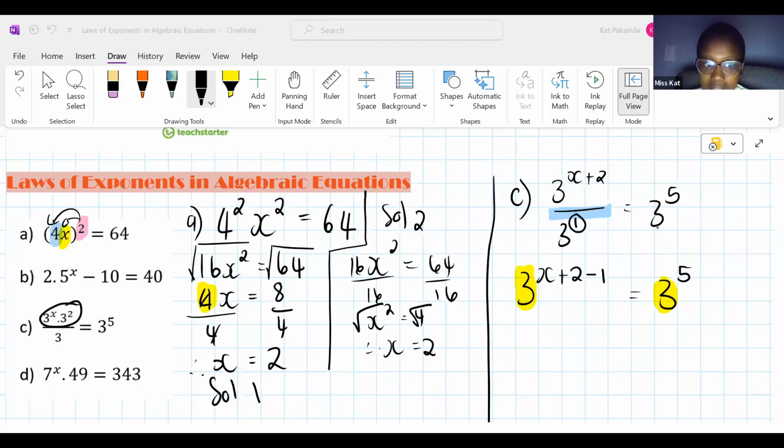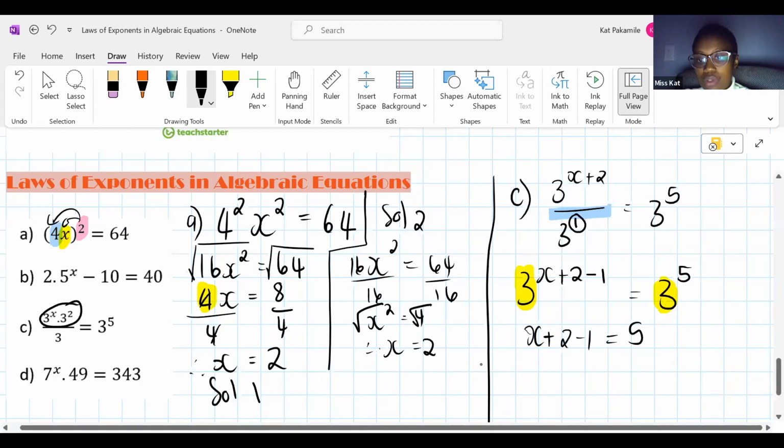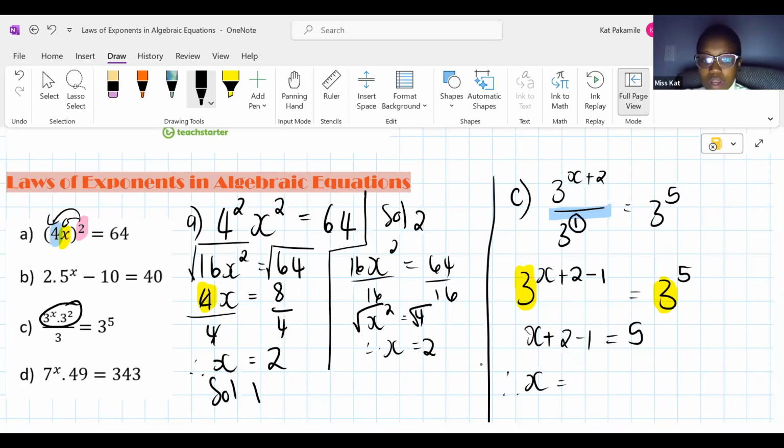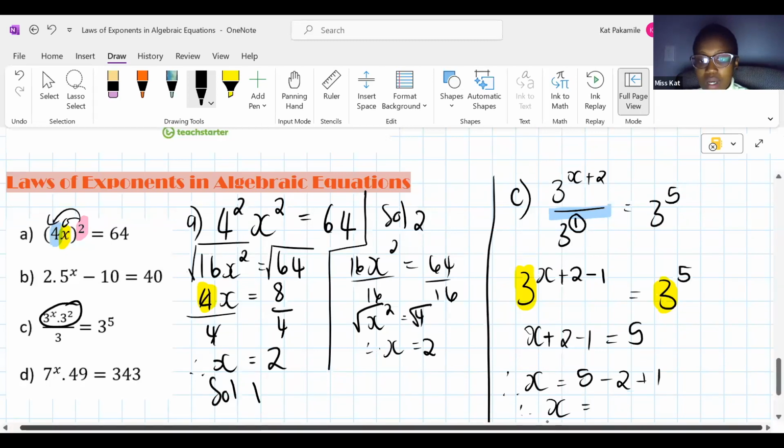If the bases are the same, then the exponents are what? Thank you. So x plus 2 minus 1 is equal to 5. Therefore, x is 5 minus 2 plus 1. So x is 5 minus 2 is 3 plus 1 is 4.